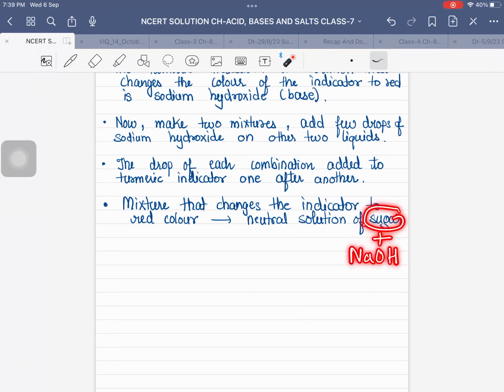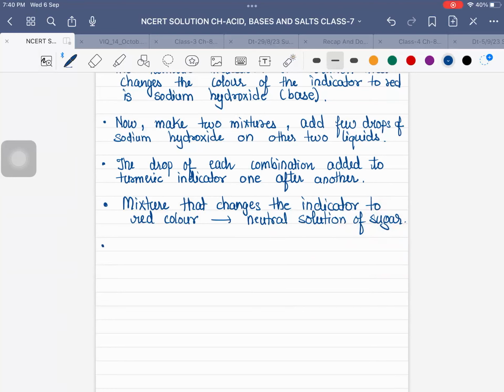So sugar is neutral in nature, sodium hydroxide is basic in nature, so it gives a basic solution and turns the color in the indicator. So it indicates that neutral solution of sugar is there if it changed the color.